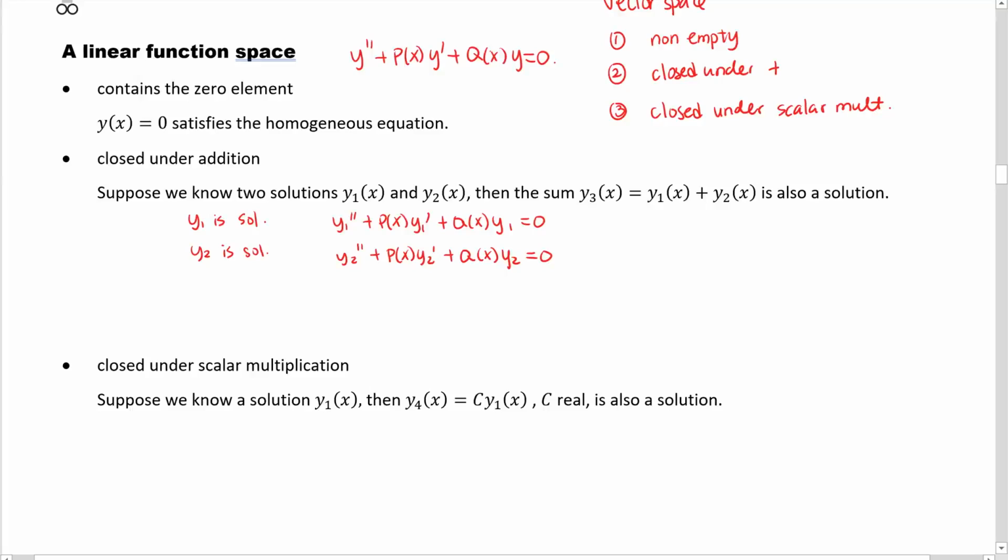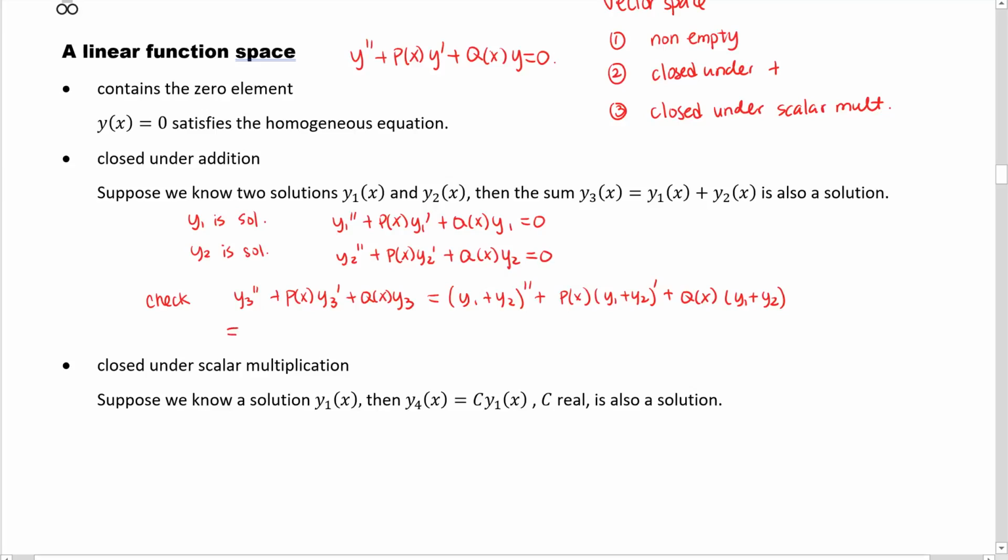So y3, how do we know y3 is a solution? We want to check whether y3 double prime plus p of x y3 prime plus q of x y3 is 0. But this is (y1 plus y2) double prime plus p of x (y1 plus y2) prime plus q of x (y1 plus y2).